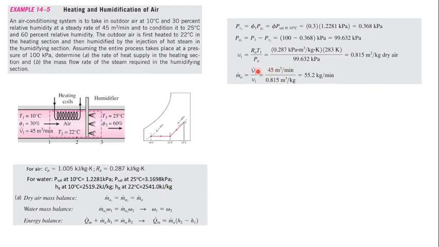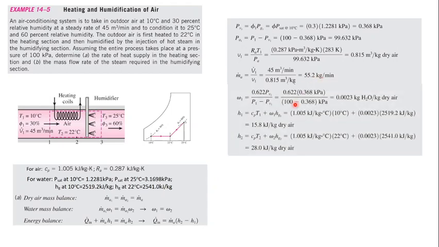So this is how we get the m dot A. This V dot is given right here as 45 meter cube per minute. Then we divide by the specific volume and we get the mass flow rate of air. And then to look at the value of H, this is the formula for H1, this is the formula for H2, and in here we need to get omega 1 and omega 2. So omega 1 is equal to omega 2.